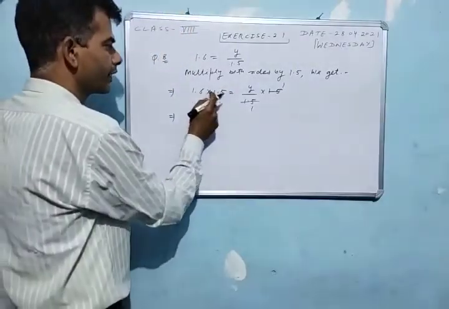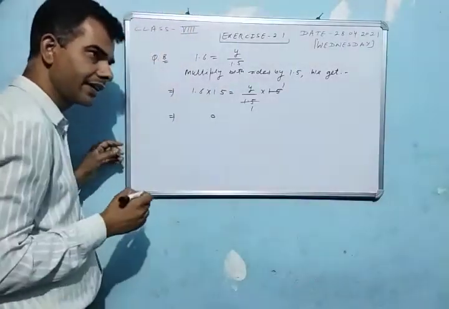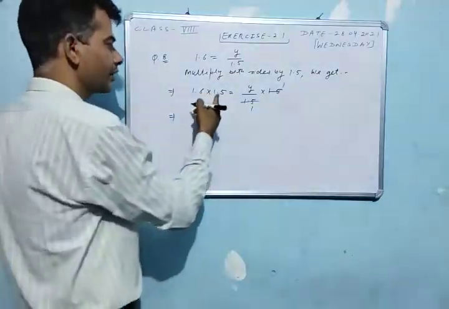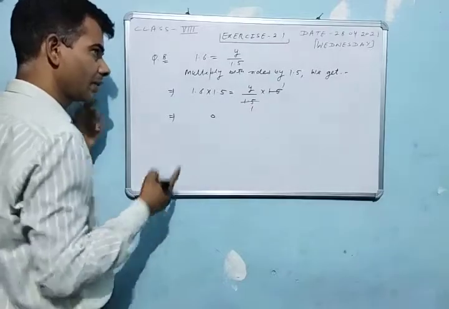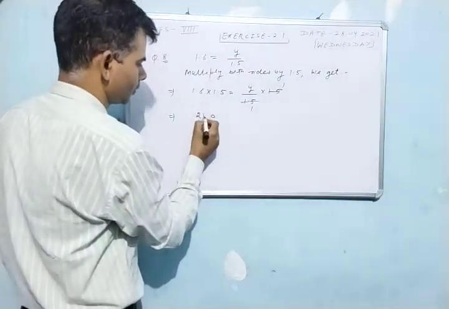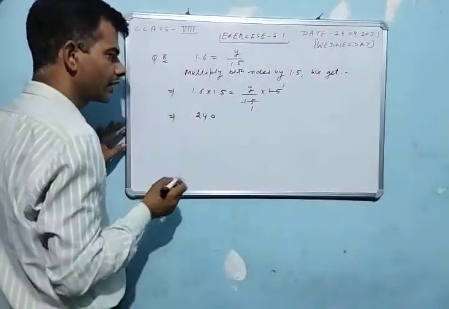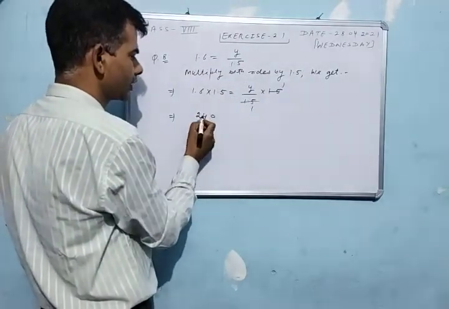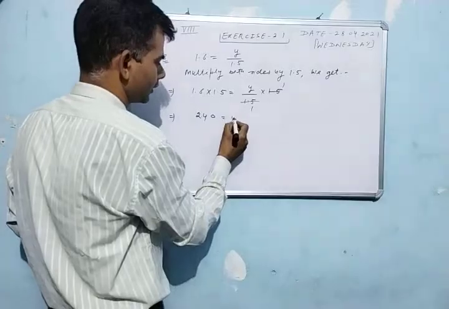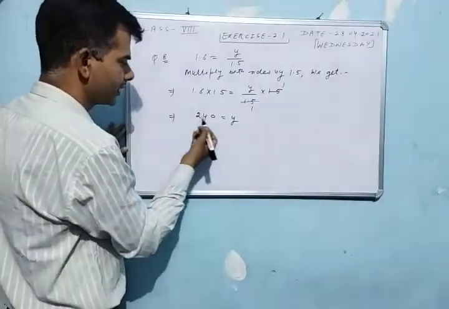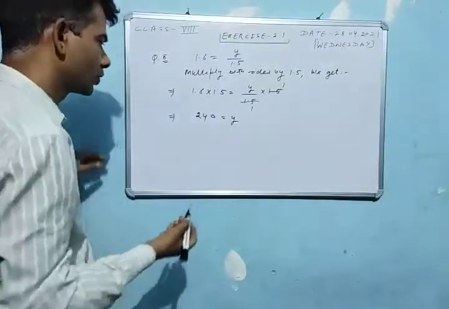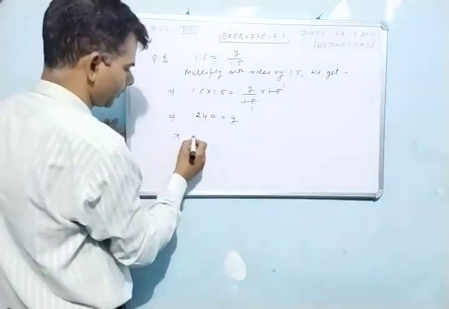Now 15 times 6 is 90, 9 carry, 15 times 1 is 15, 15 plus 9, 24. Now students, decimals: after 2 digits there will be a decimal. Now the value of y is 2.4.